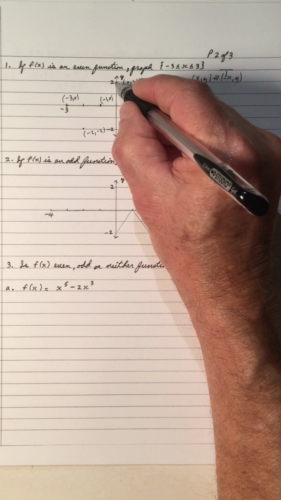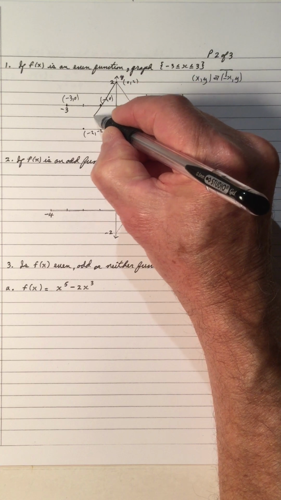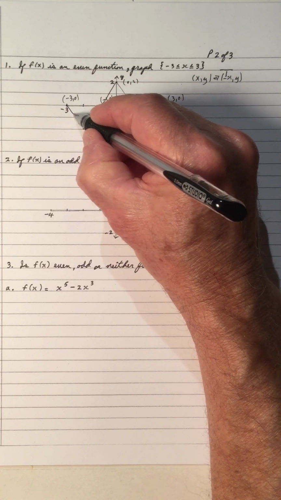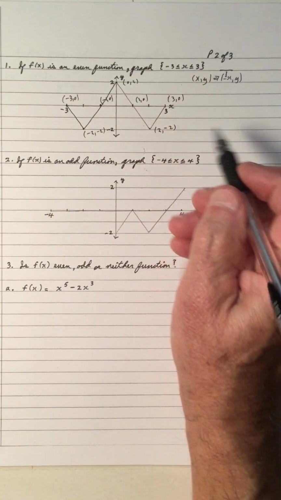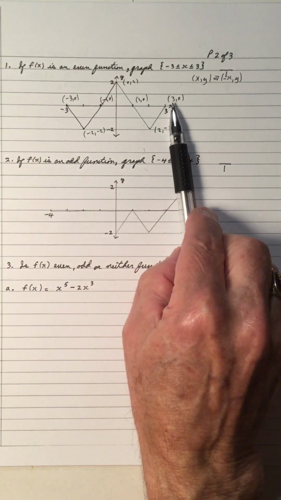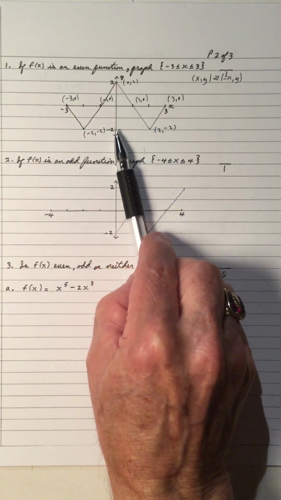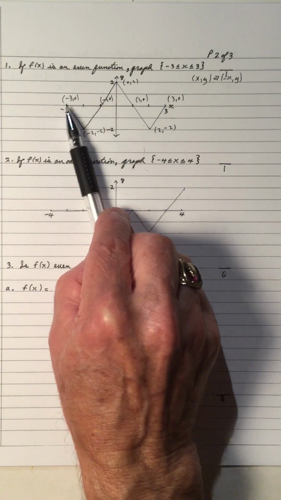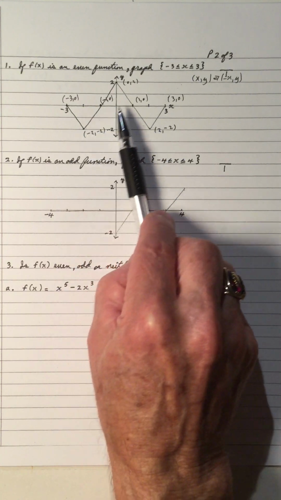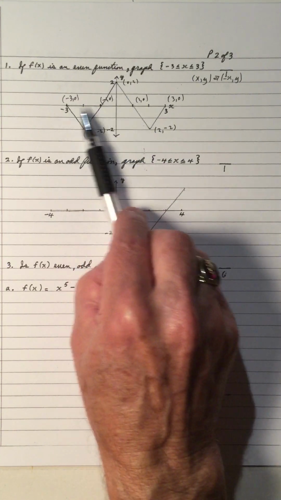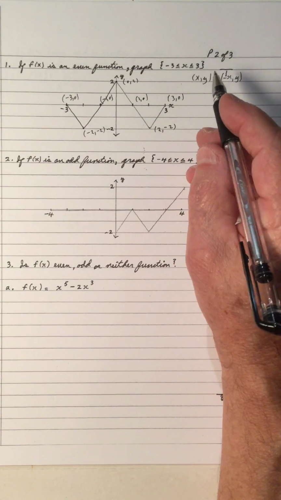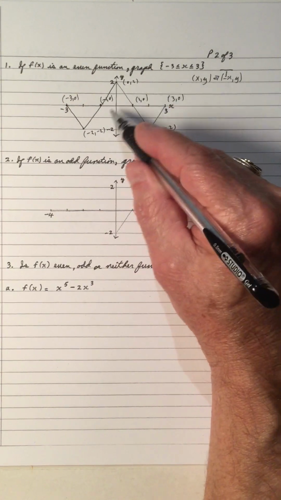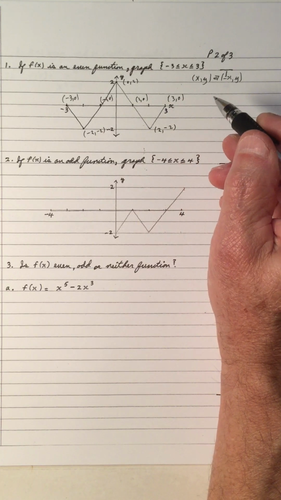So I took my time and changed all the coordinates, but you can see that when you reflect this part of the graph in the y-axis, this point goes to here, this point goes to here, so there's the reflection. And that's why this is the graph of an even function.